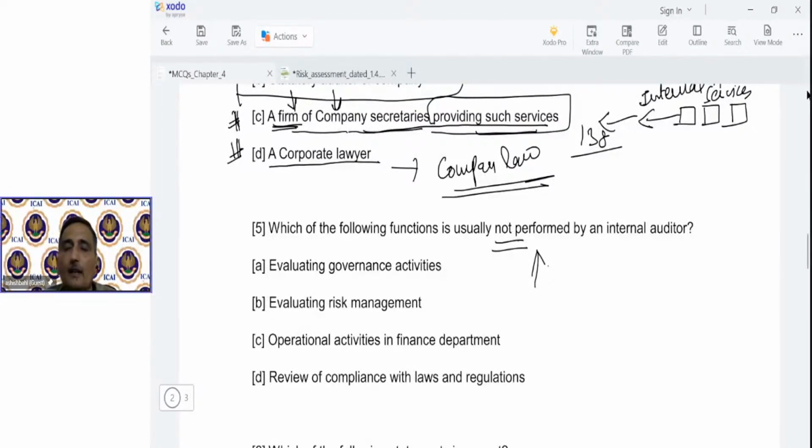See, guys, one more thing you have to remember while answering MCQs. When you are choosing the option out of 4, you have to choose the option that is best, that is most appropriate. Remember this always.